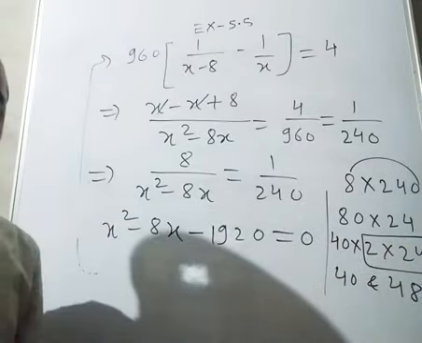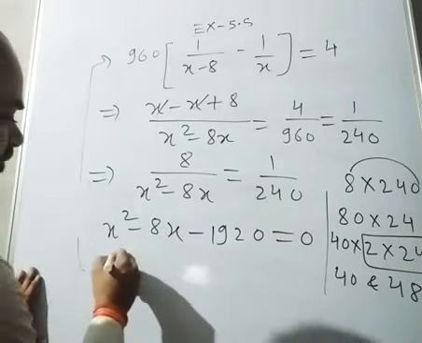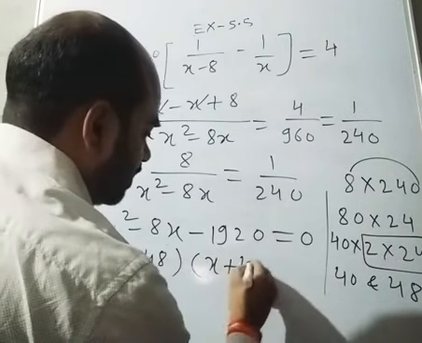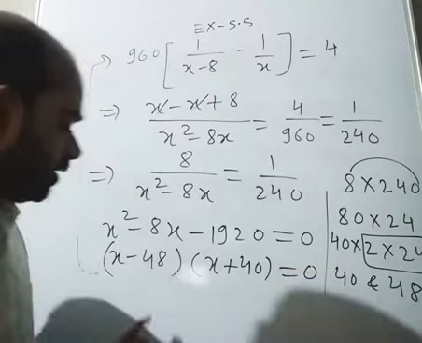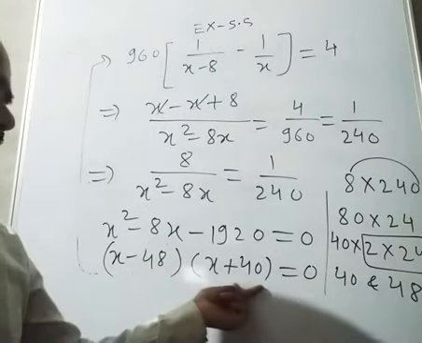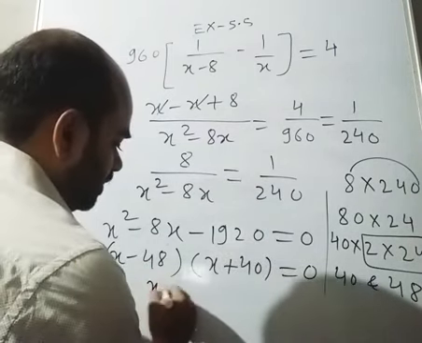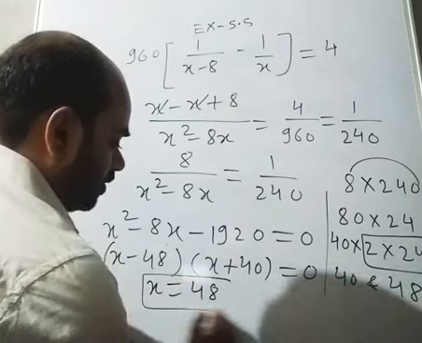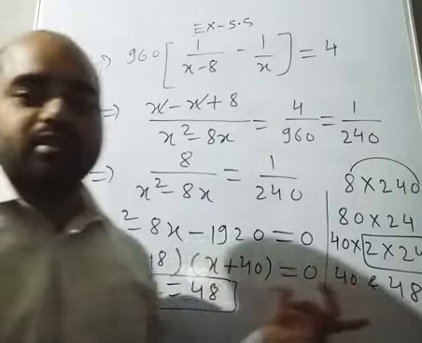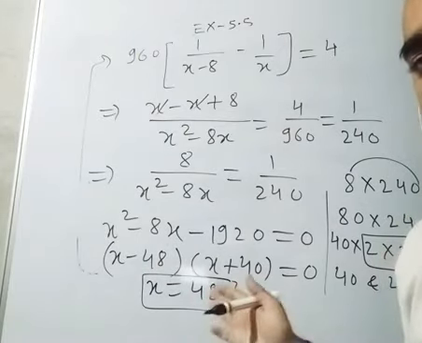Correct? 40 and 48. It means this will be x minus 48 and x plus 40 is equal to 0. You can check: minus 48 plus 40 is minus 8, and minus 48 times 40 is minus 1920. It means x is 48, or x is minus 40. That will be rejected. This is your answer, rupees 48. Clear?